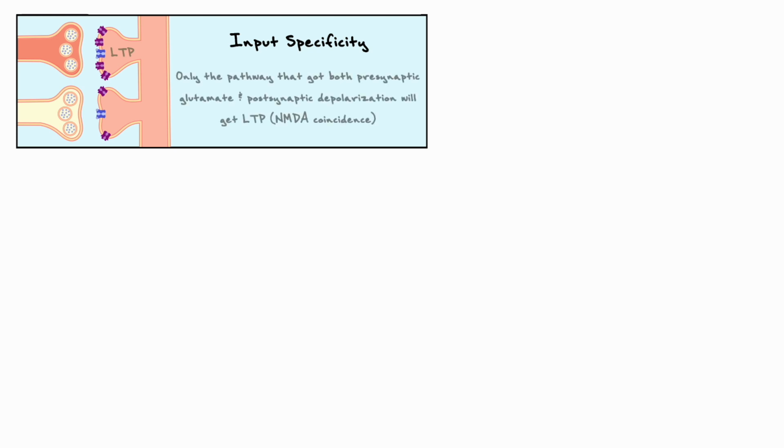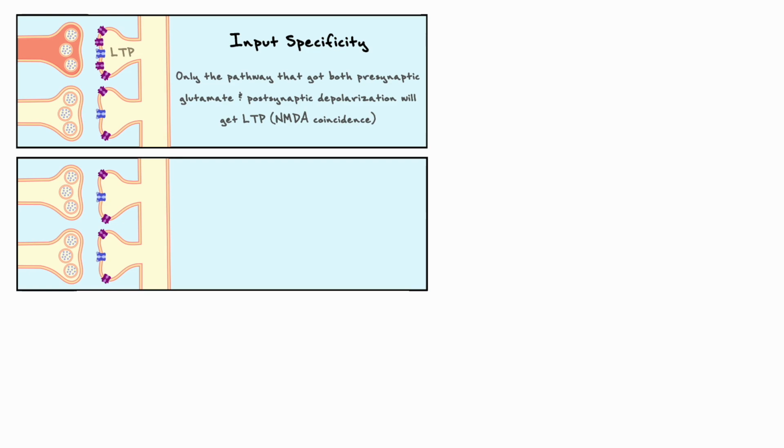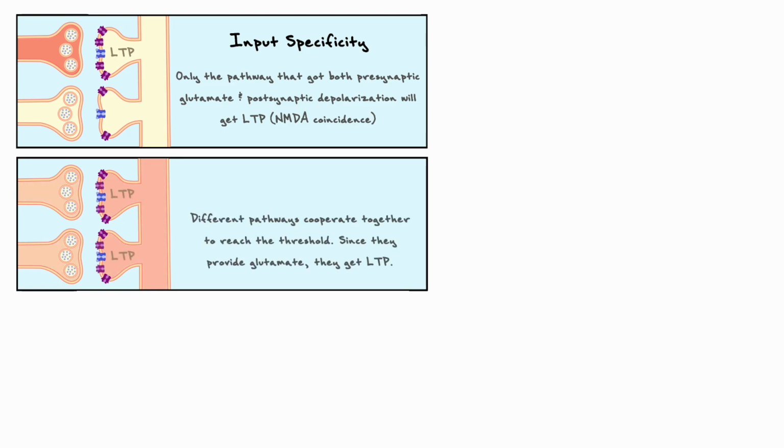Indeed, since the NMDA receptor requires both the binding of glutamate and a postsynaptic depolarization, only the pathway where both of these requirements are met will cause LTP to occur. Now, in more physiological settings, the postsynaptic partner obviously does not get stimulated by an external electrode. Hence, to achieve that postsynaptic depolarization that the NMDA receptors need, many pathways need to cooperate together to reach that threshold. This property of distinct pathways to help each other out is referred to as cooperation.